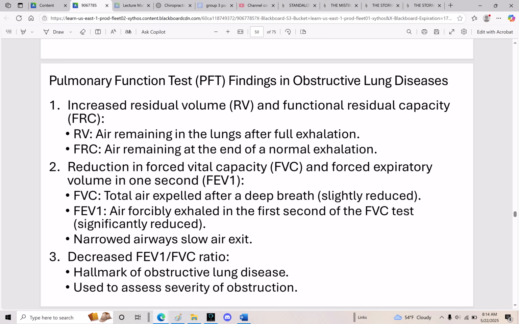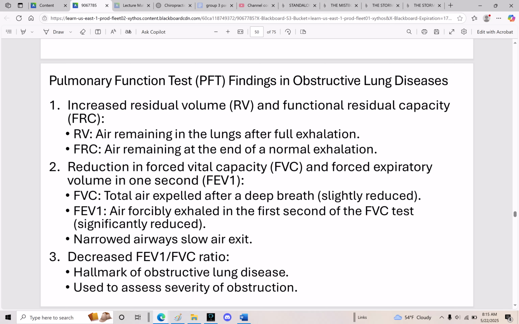You're going to label this person with obstructive lung disease, and then you have to go figure out which one, because obstructive lung disease, as we're going to see, is a set of diseases. It's not only one disease. The ones that are highly documented are 3 of them, and I'm going to give them to you in a second. So just remember, number 3 is very important. That's a hallmark of the diagnosis of obstructive lung disease.